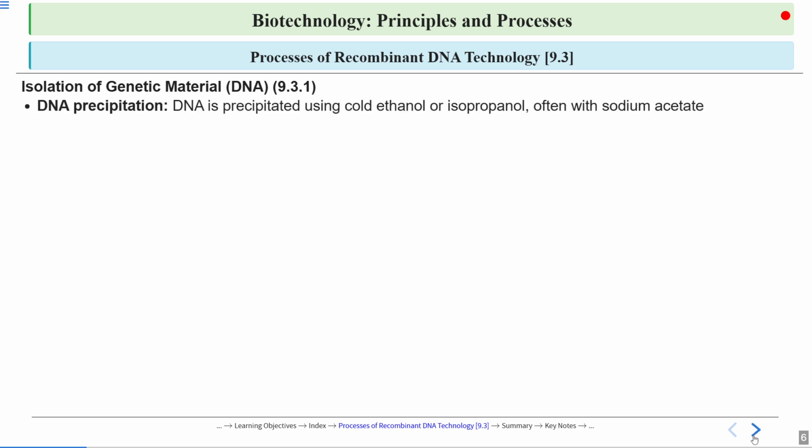As I told, after breaking the cell wall and cell membrane, and removing the RNA and protein, we add chilled ethanol or isopropanol, often with sodium acetate, and we precipitate out our DNA.